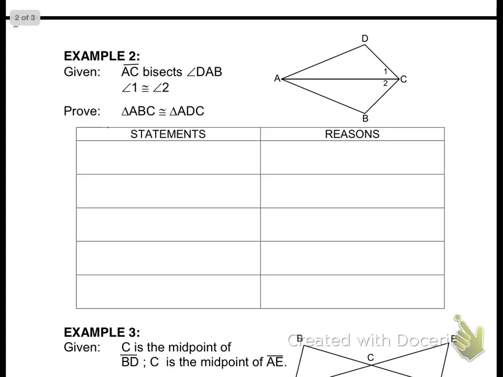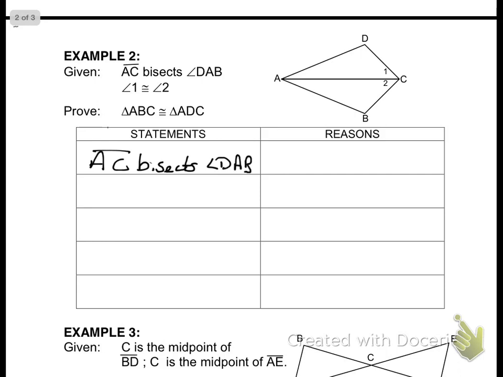And so from that one, it says our given is that AC bisects angle DAB. So we write that just like it is. That line AC bisects angle DAB.